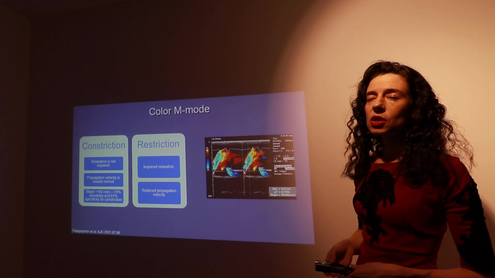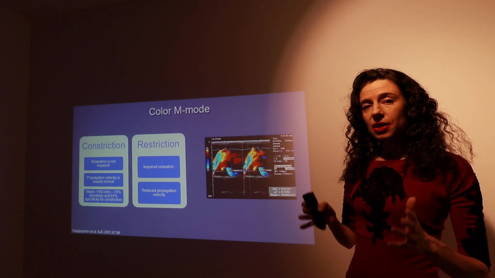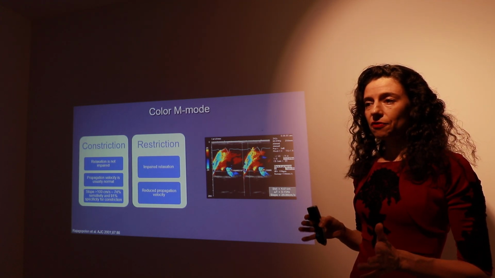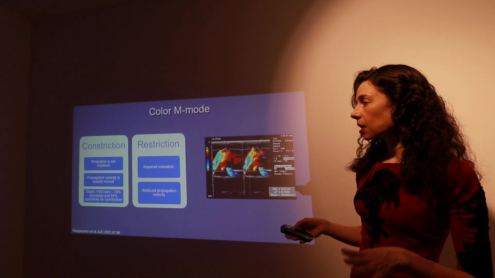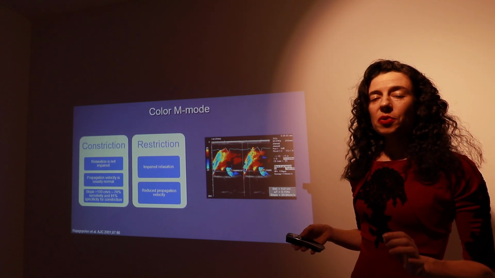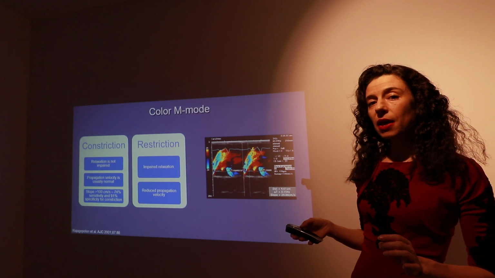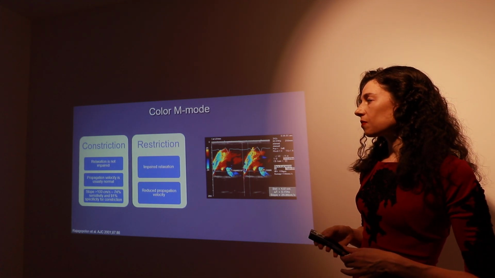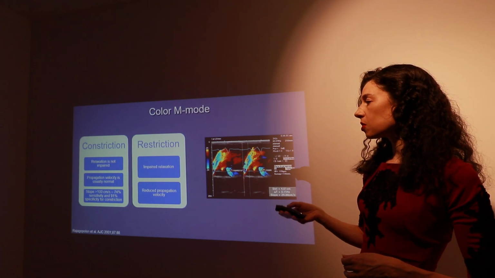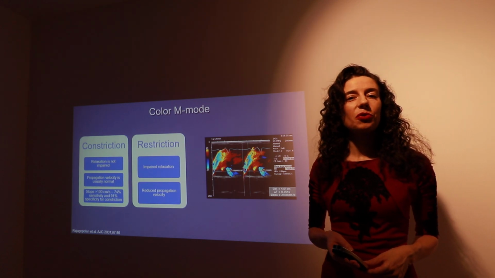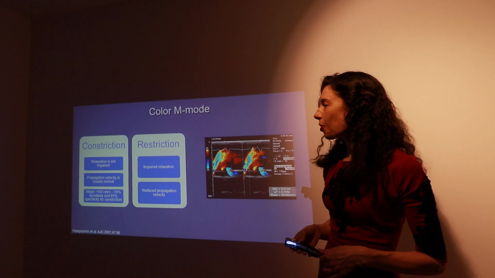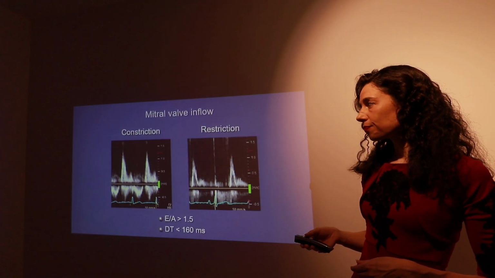While in restriction, which is a myocardial disease, we have a decrease in diastolic function throughout the whole diastole, and therefore we have also impaired relaxation of the left ventricle with reduced propagation velocity, and a value here of less than 45 is typical for restriction.